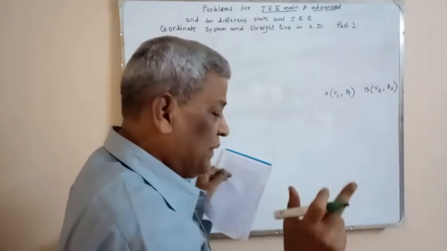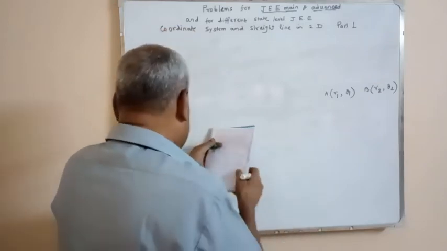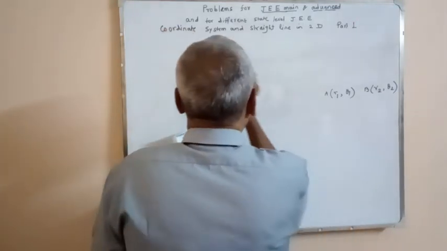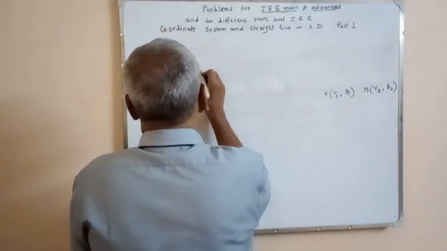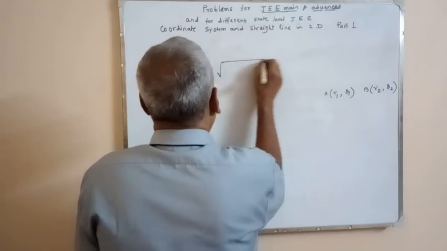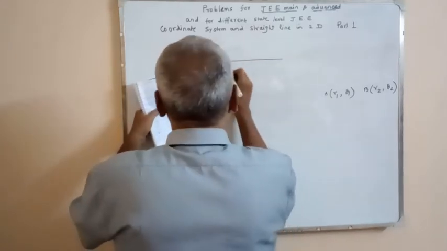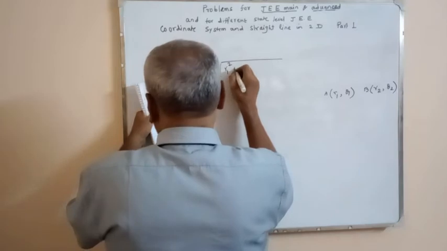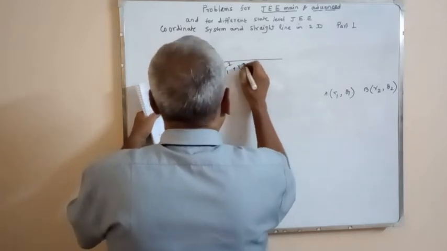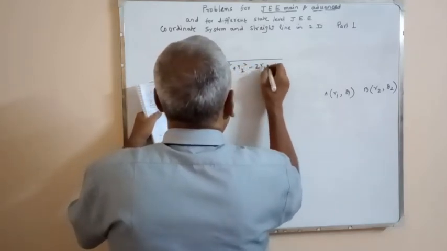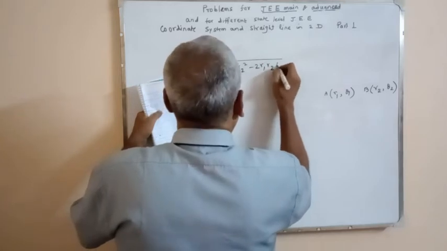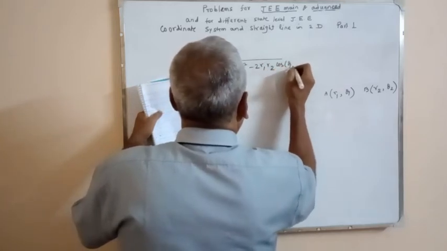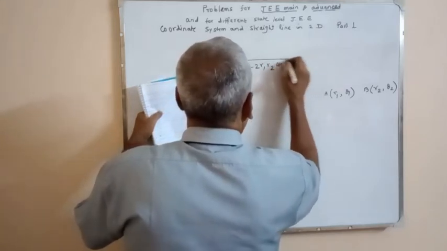Then the distance AB in terms of polar coordinates is AB equal to the square root of R1 square plus R2 square minus 2 R1 R2 cos of (theta 1 minus theta 2).